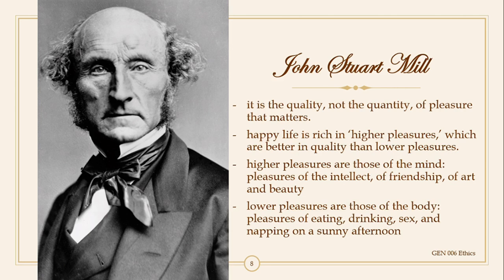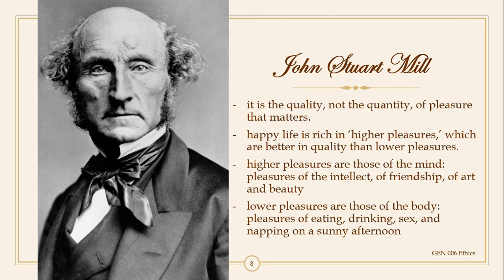If we choose the higher kind of pleasures, then we become better people. We act morally. But if we focus on the lower kinds of pleasures, then it's not going to be as morally good as the higher pleasures. So John Stuart Mill's theory focuses on us focusing on our higher pleasures.